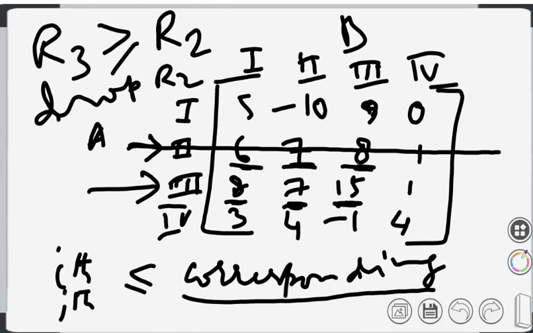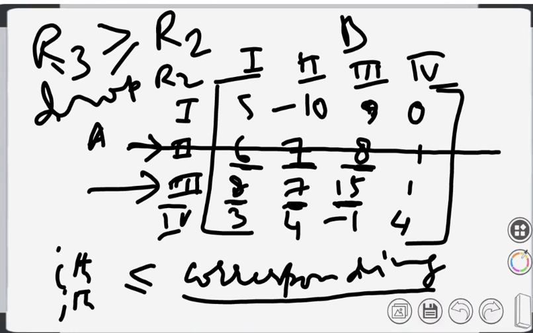So if all the elements of a particular column, say ith, are less than or equal to the corresponding elements of another column jth, then the ith column dominates the jth column, and the jth column will be dropped.